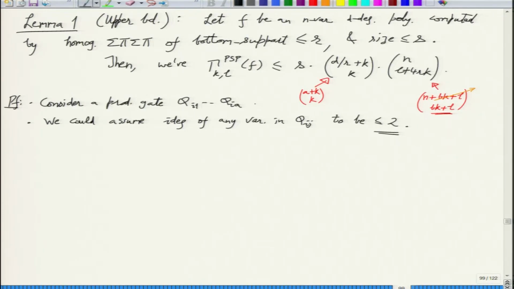Why is that? What if you have an x1 cube sitting in qij? That measure will send it to zero. But that is also true for x1 square. So why am I keeping x1 square?